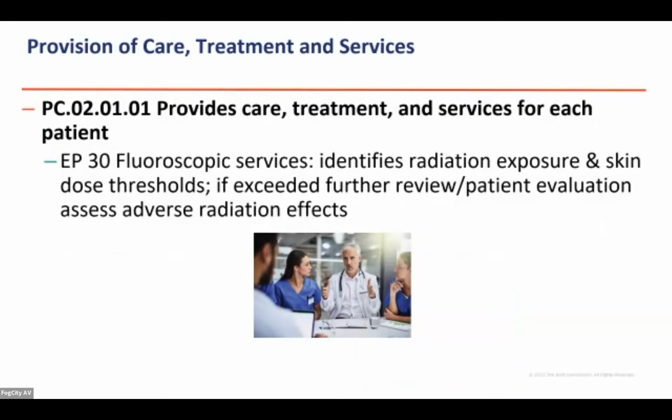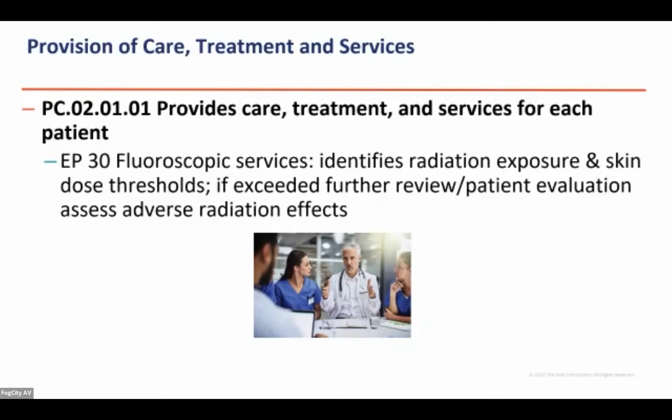Okay, so for fluoroscopy, we're asking for sort of an analogy to what we've asked for CT. And that is, we said, identify some either total exposure or, if you're able to, skin dose. That's the biggie in fluoroscopy. Skin dose thresholds that when you review it, remember you needed to come up with a range that you were going to review the patients if you went over that particular threshold.